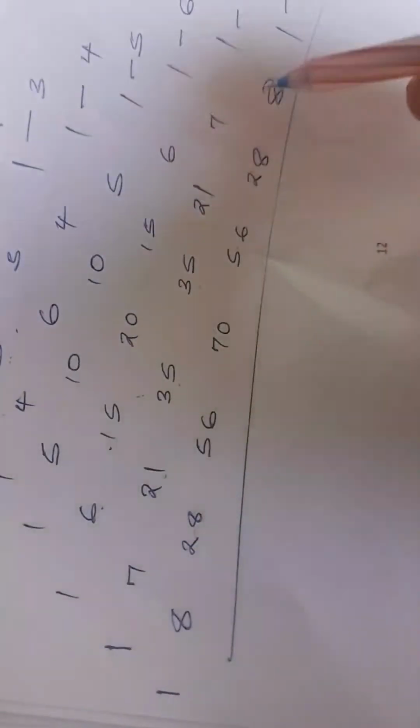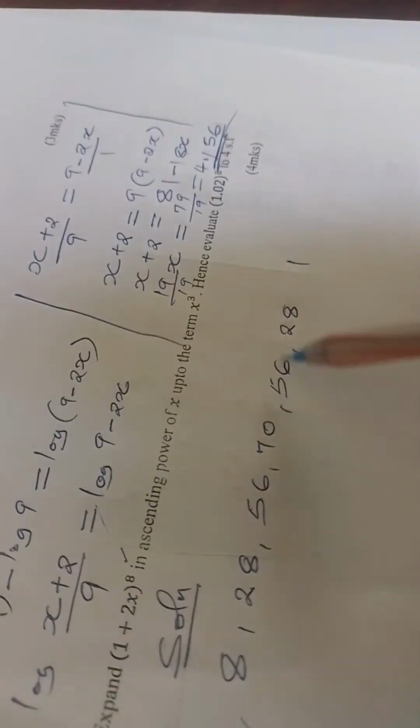So these are the coefficients of the power 8. So it will be 1, 8, 28, 56, 70, 56, 28, 8, 1. So 1, 2, 3, 4, 5, 6, 7, 8, 9. Sorry, 1, 2, 3, 4, 5, 6, 7, 8.